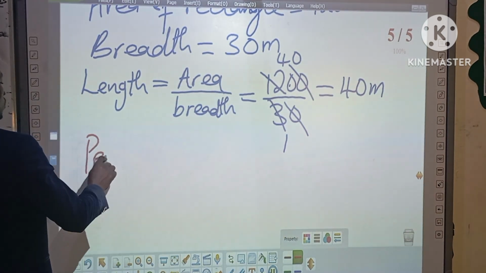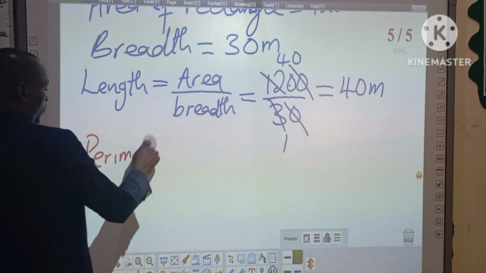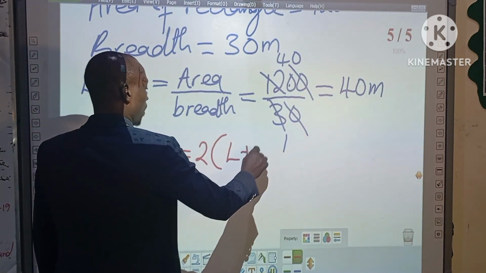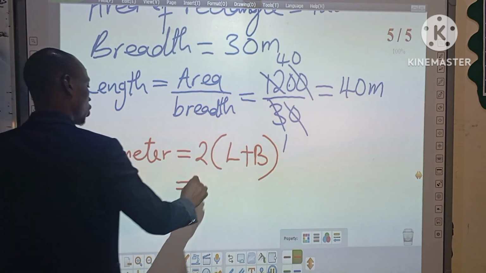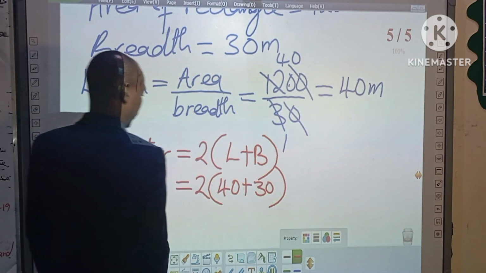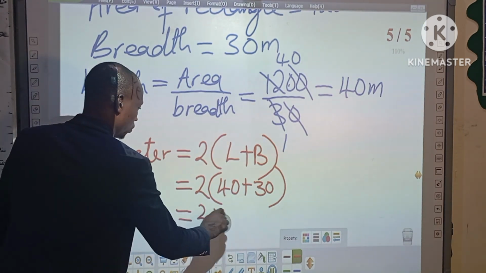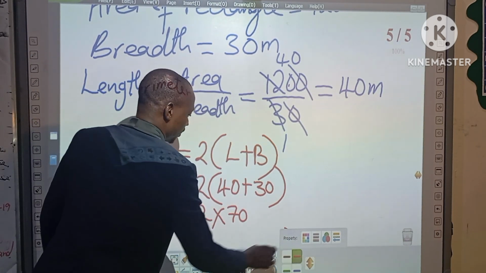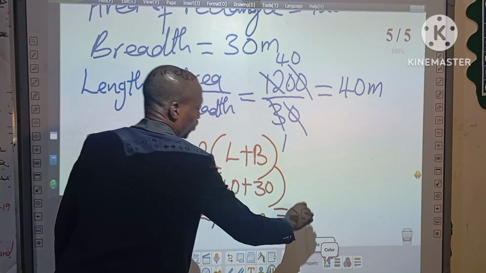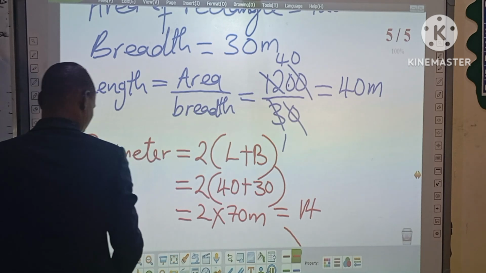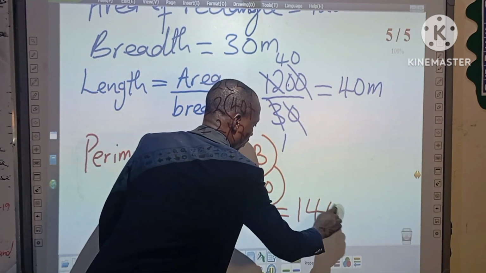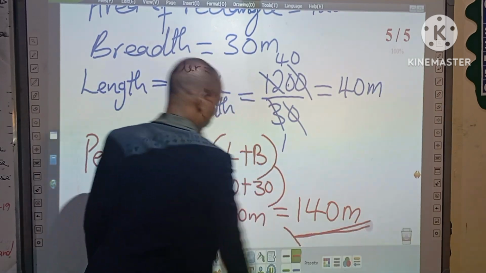The perimeter of a rectangle is simply 2 bracket length plus breadth, which will give us 2 bracket 40 plus what? 30, which gives us 2 times what? 70 meters. Our answer is simply 140 what? Meters.